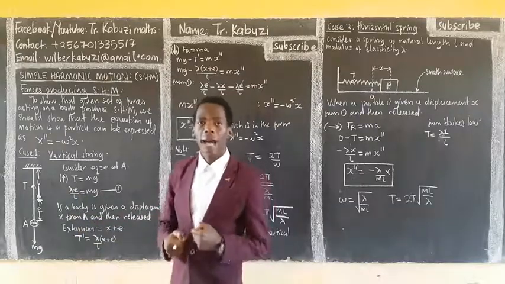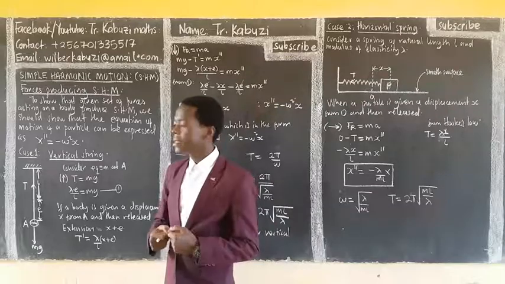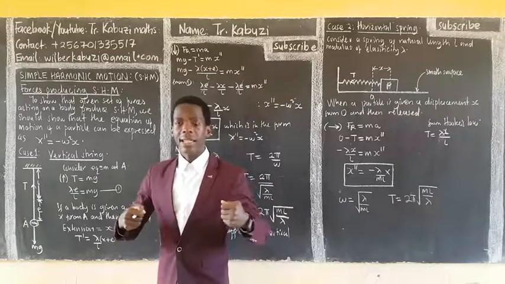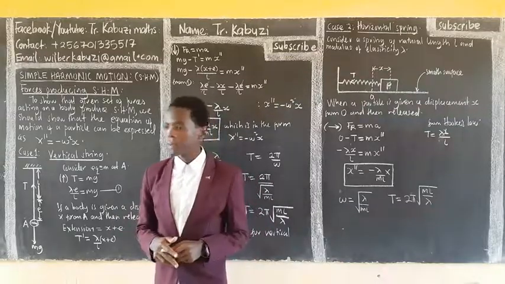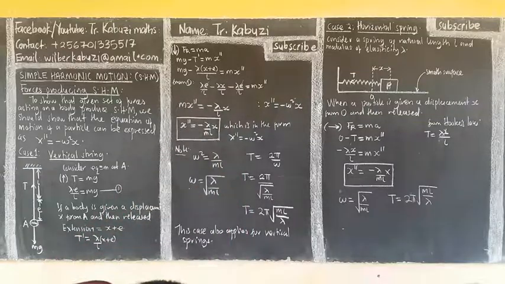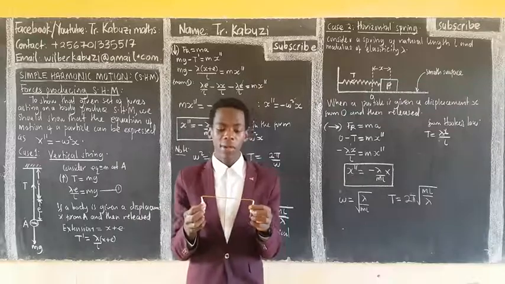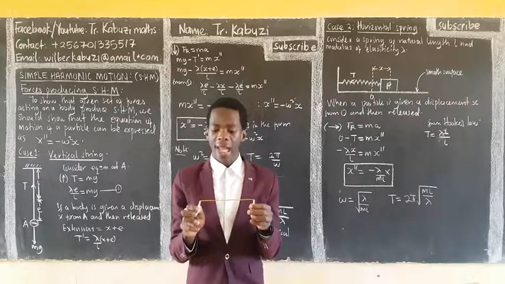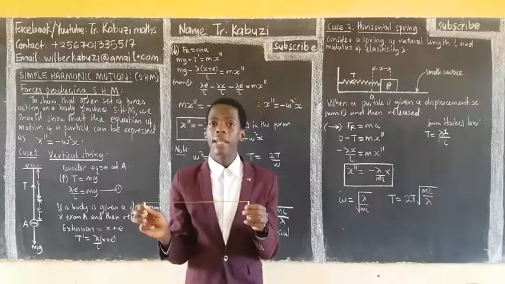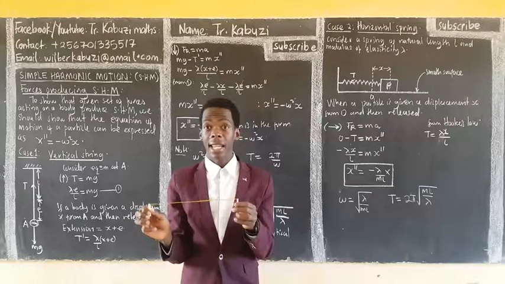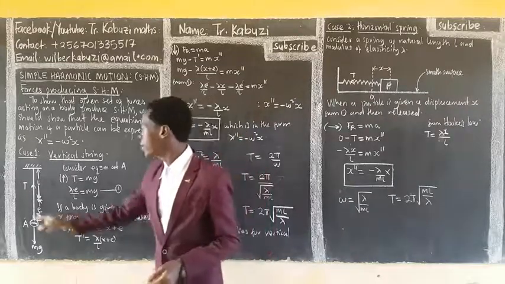Now, if you have an elastic string, let me show you this. If we have this as the string, this is its natural length. But when I stretch it, I'm making it extend, so I'm getting a certain extension. So this is the extension we are talking about.